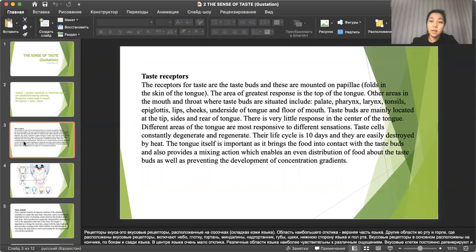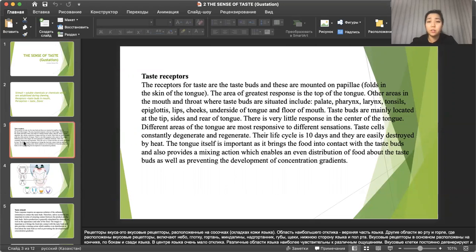Other areas in the mouth and throat where taste buds are situated include the palate, pharynx, tonsils, epiglottis, lips, cheeks, underside of the tongue, and the floor of the mouth.